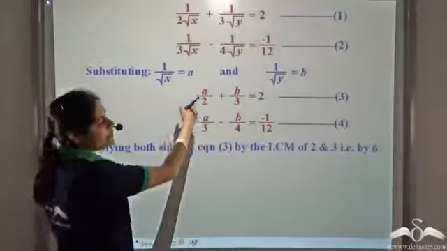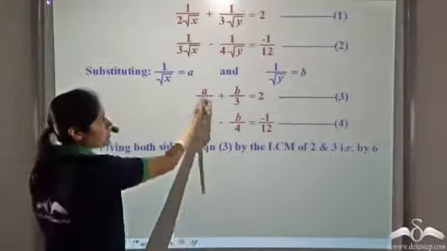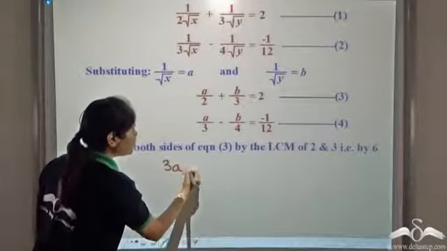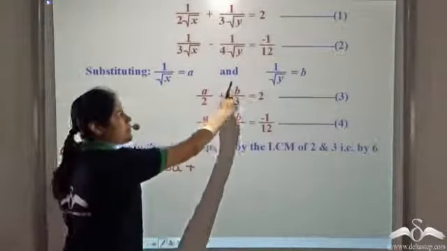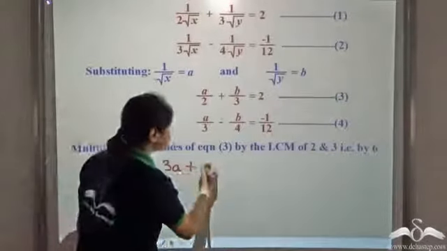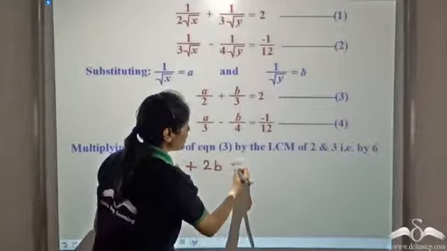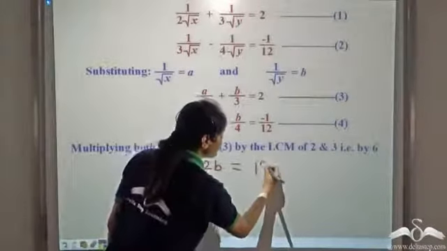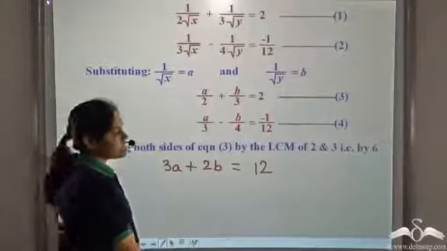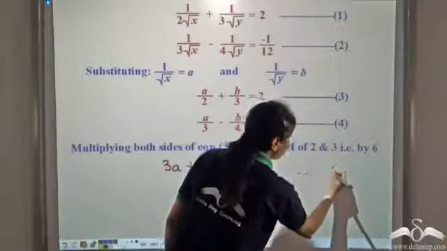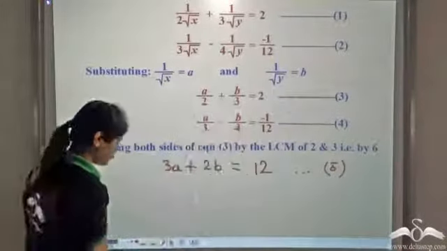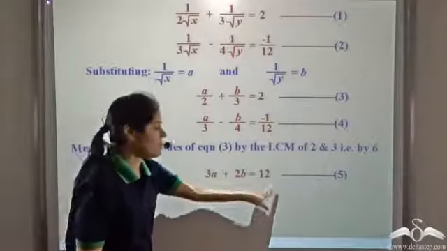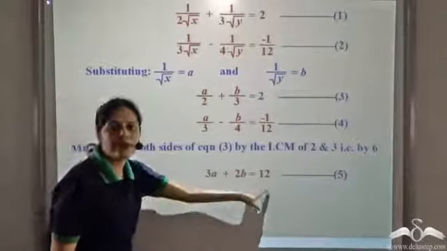Multiplying this by 6, we get a by 2 into 6 gives us 3a, plus b by 3 into 6 gives us 2b, equal to 2 into 6 gives us 12. So 3a plus 2b equal to 12. Let us call this equation 5.